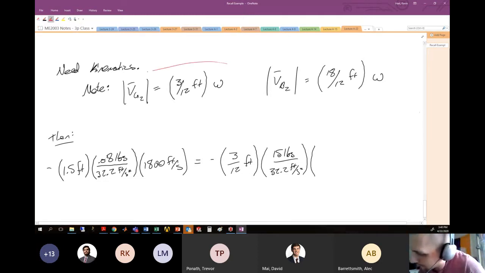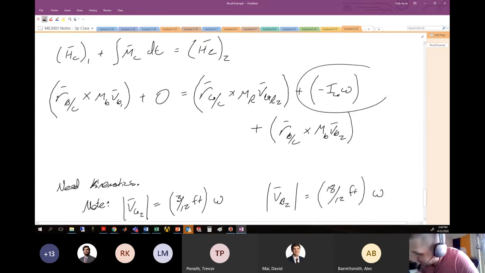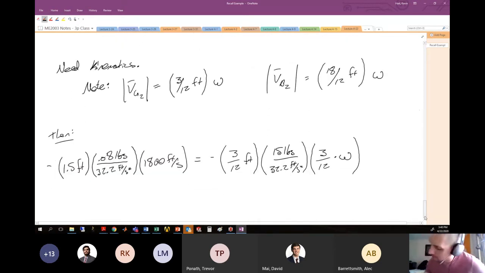All right, well, I have that here. So the velocity at the center of gravity of the rod, this is 3 on 12 times omega. Continuing, I have this term here. This is the angular momentum of the rod. I'm going to subtract here because it's generally drawn in the negative direction.